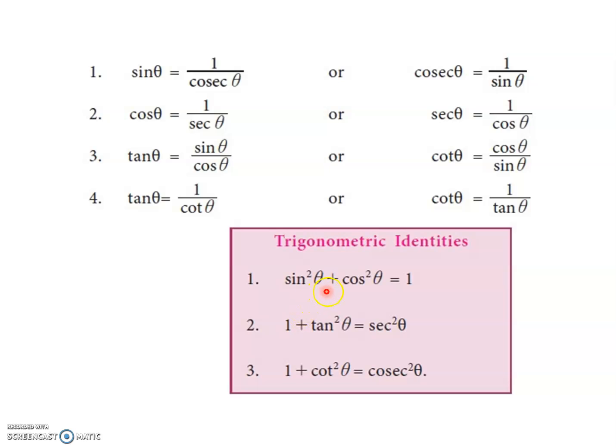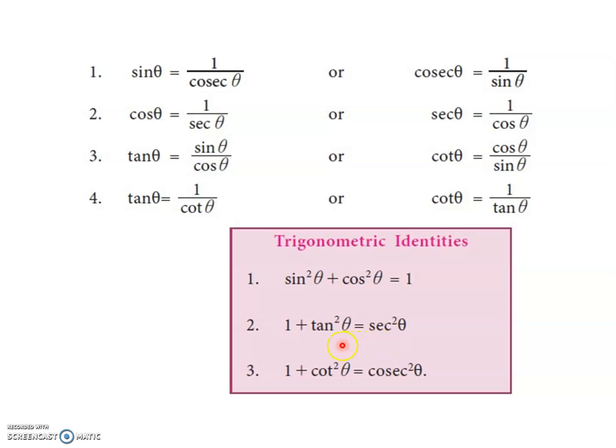Be clear here. Sin square theta is equal to 1 minus cos square theta, or cos square theta is equal to 1 minus sin square theta. 1 is equal to sec square theta minus tan square theta.